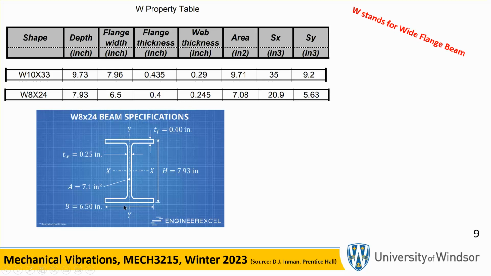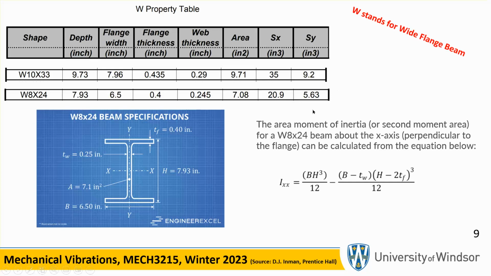The area, the cross-sectional area, is 7.08, etc. And there is Sx and Sy, and we'll get there in a minute. What are these Sx and Sy? First of all, we need I about this axis.